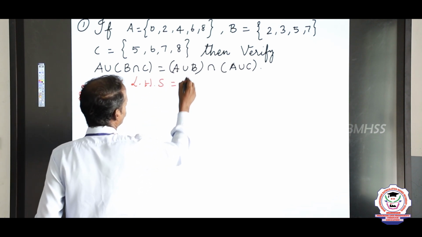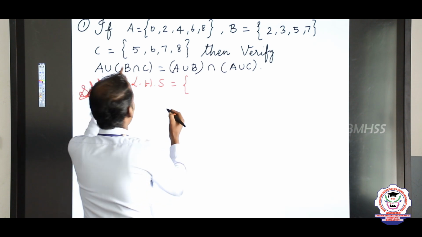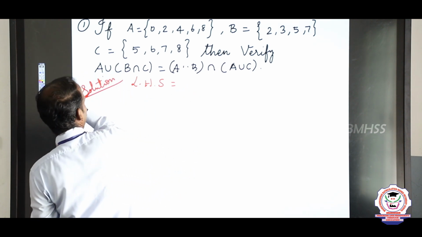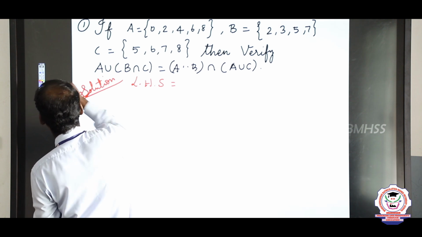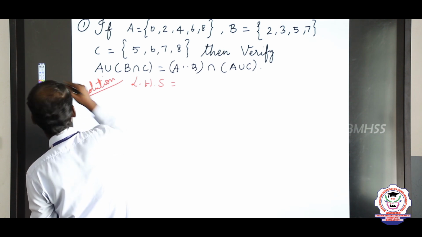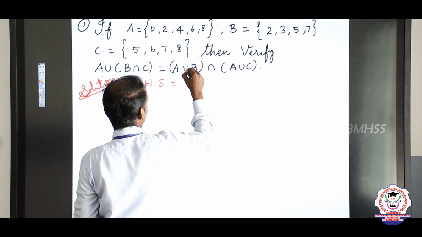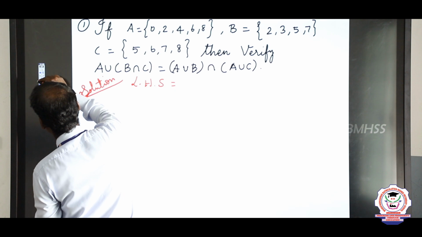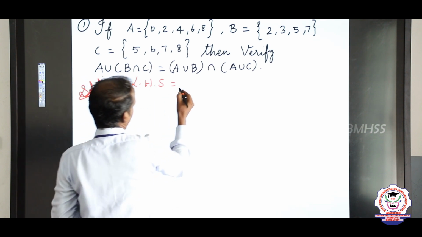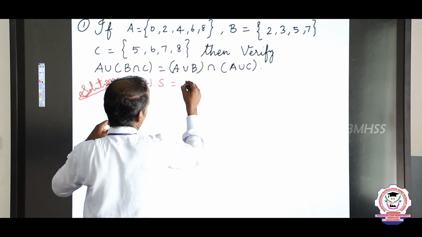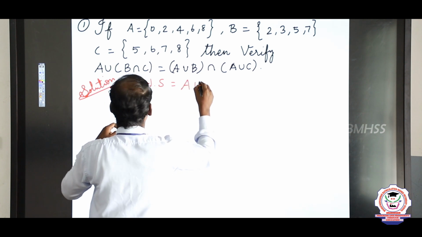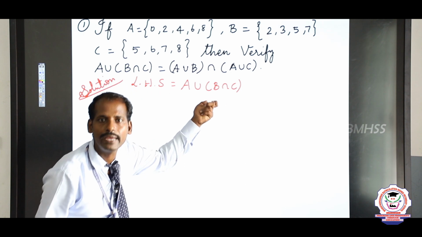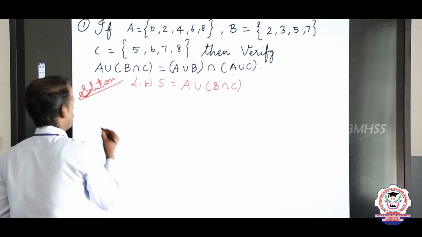LHS is A union B intersection C. First you have to simplify B intersection C.